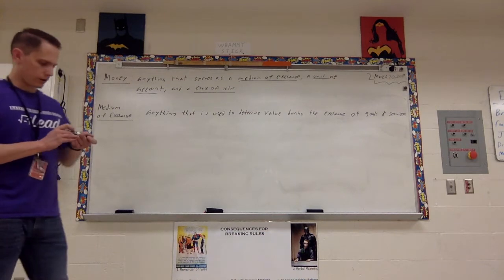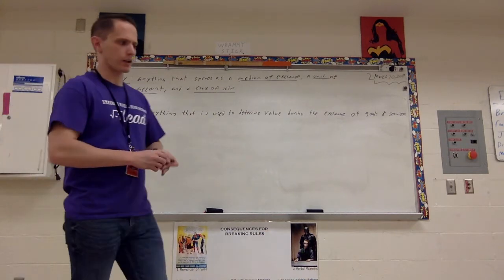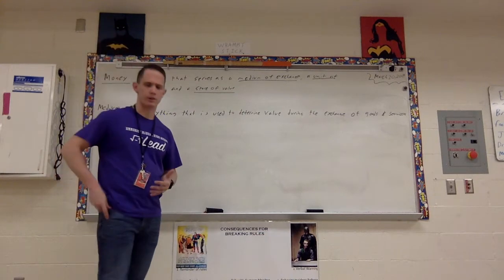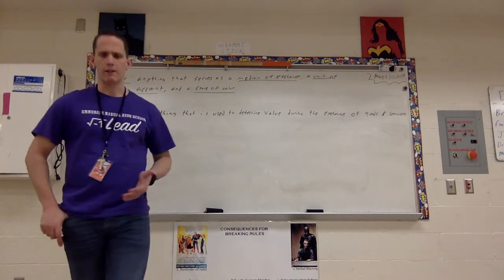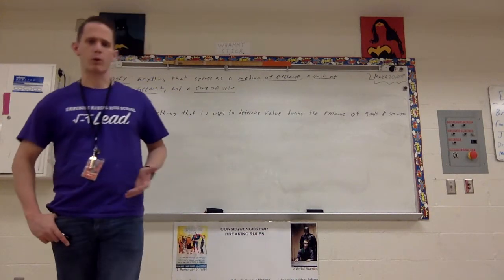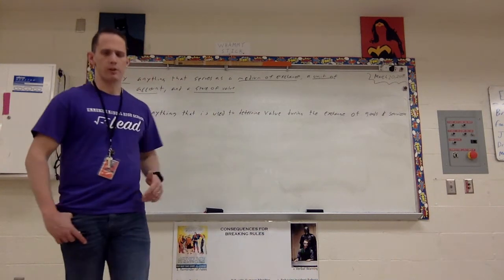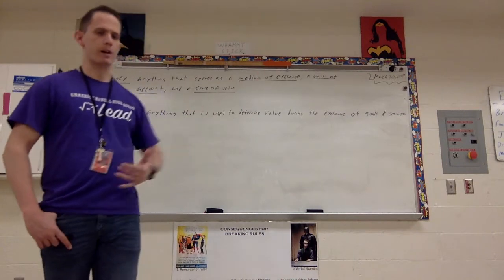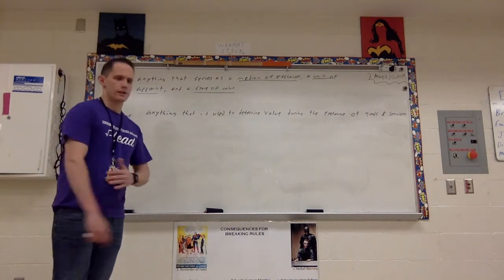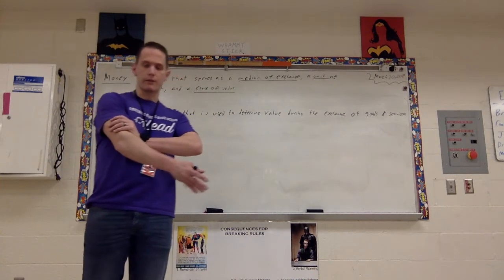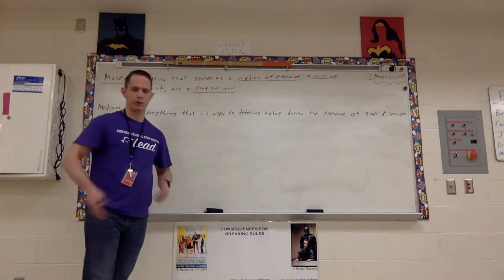So uses determine value, meaning, okay, in order to make trade much easier, because what we used to have, without money, you used to have a barter system, meaning, hey, I'll trade you a carton of eggs for a gallon of milk, or hey, I'll trade you this Xbox for that couch. So the problem with that is when obviously they didn't want what you had to trade, you didn't get what you wanted.